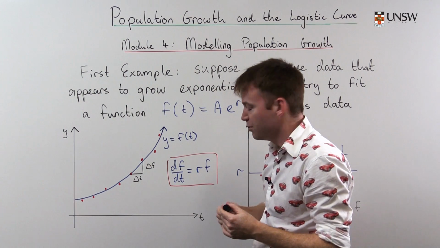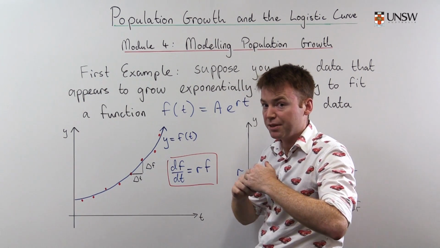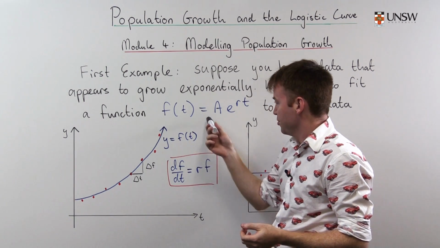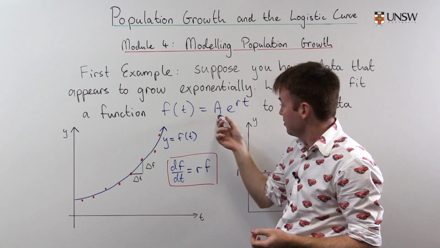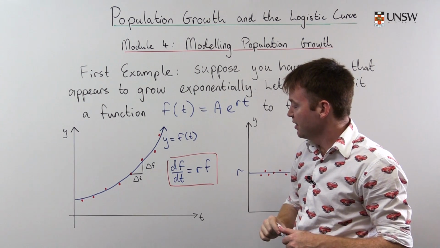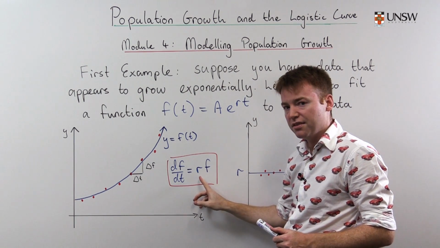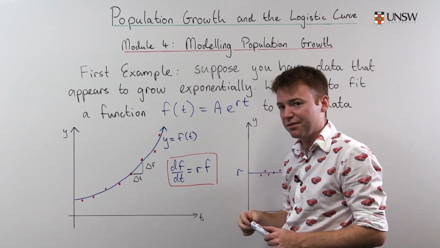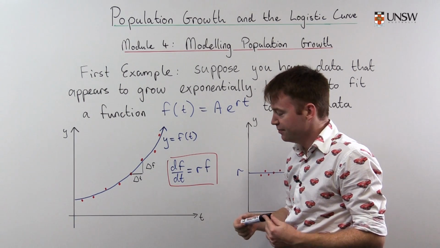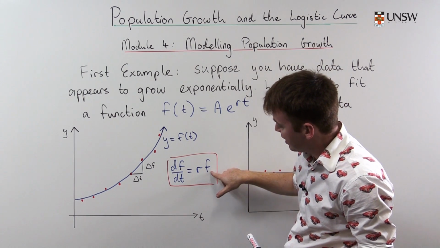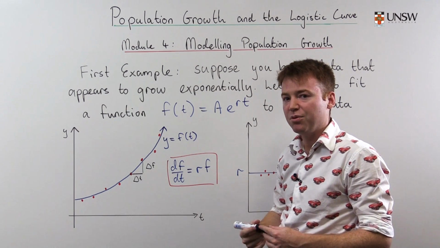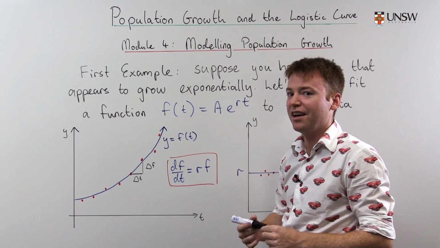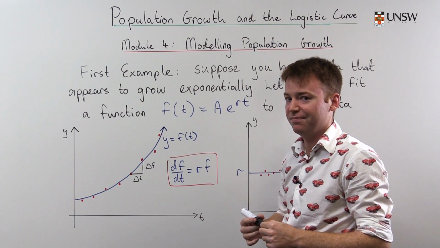So what we'll do is we'll use some of the differential properties of the exponential function. Recall that the exponential function f of t, defined as a e to the rt, satisfies this differential equation, which is a linear differential equation. So if I was to take this f over here, it would be a constant function, and constant functions are very easy to identify.